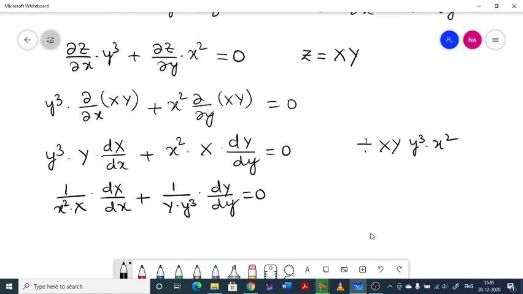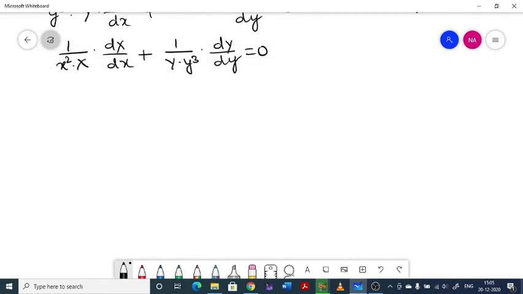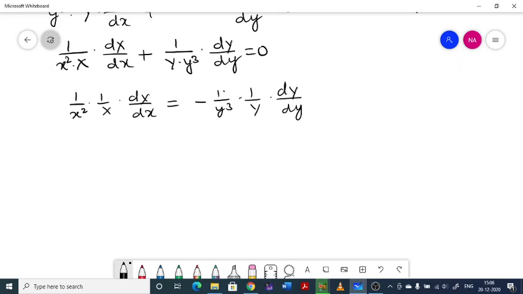Now separating the variables, we'll get 1 by x square into 1 by capital X into d capital X by d small x equal to minus 1 by small y cube into 1 by capital Y into d capital Y by d small y. Call their common value as k.